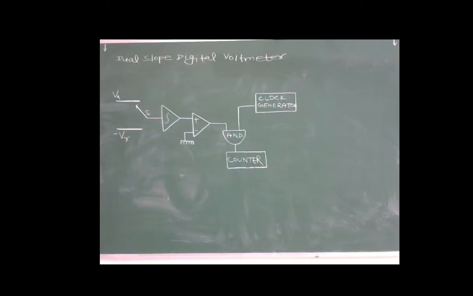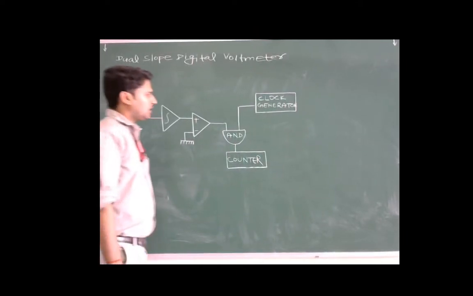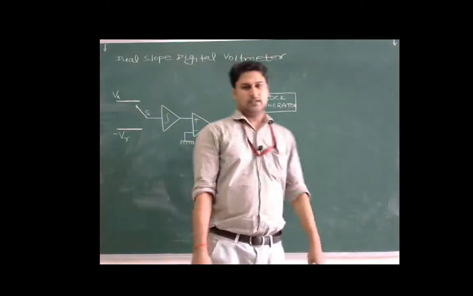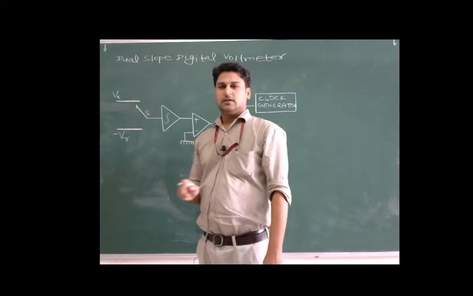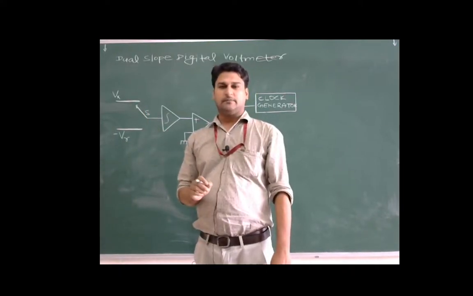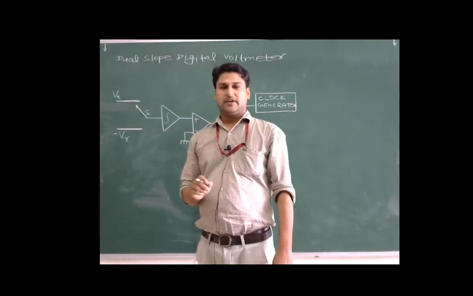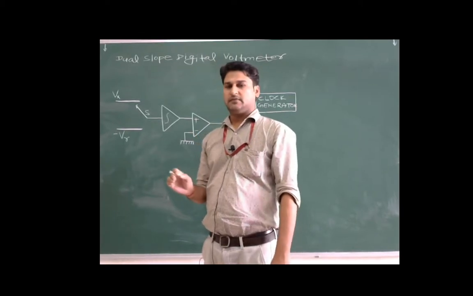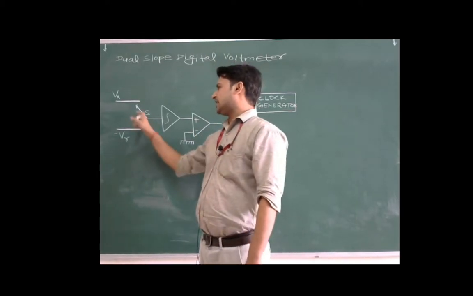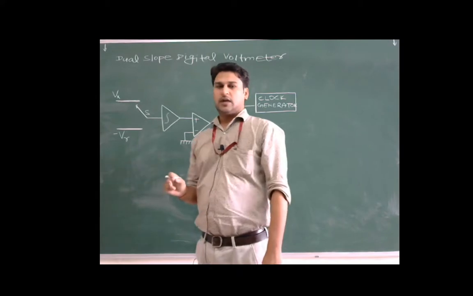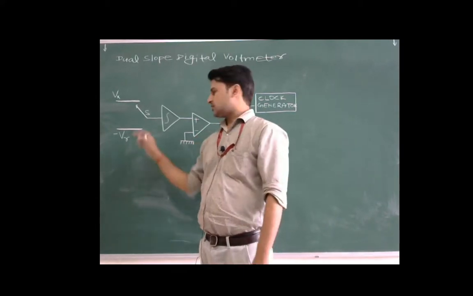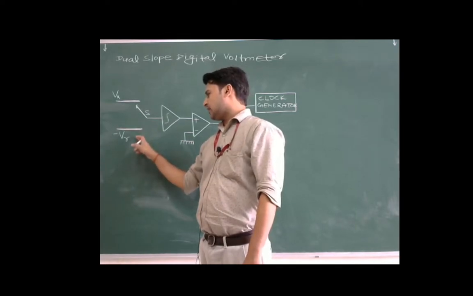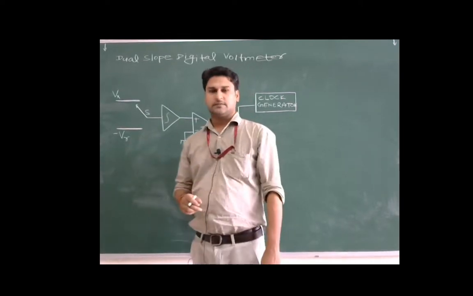Input of this integrator can be connected either to a positive unknown voltage Vx, or it may be connected to a negative reference voltage. In the previous lecture I told that this switch is connected to this unknown voltage till a predefined time, and after this predefined time, this switch is connected to the negative of this reference voltage.